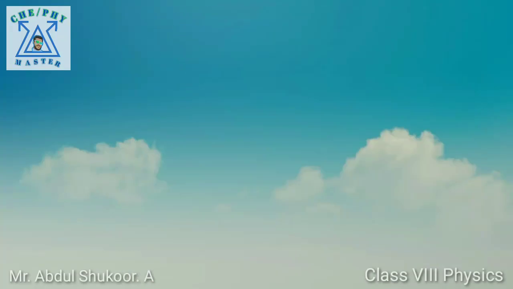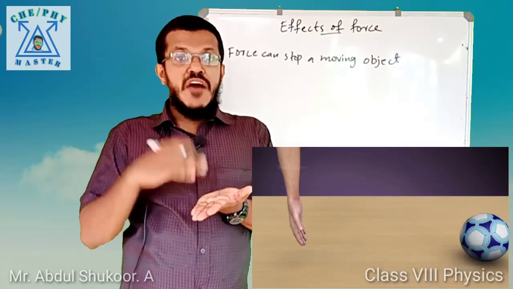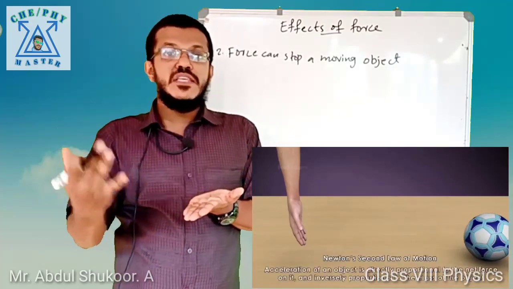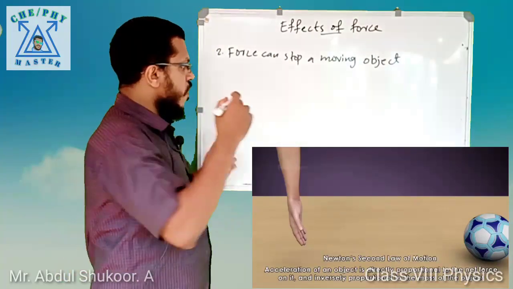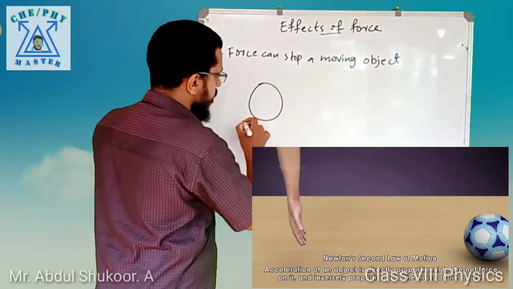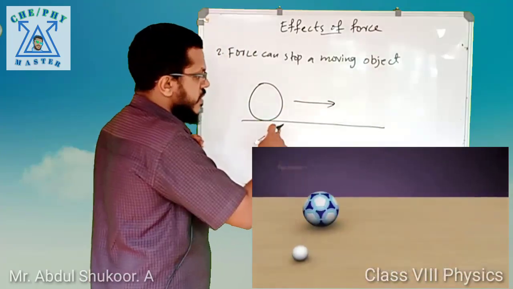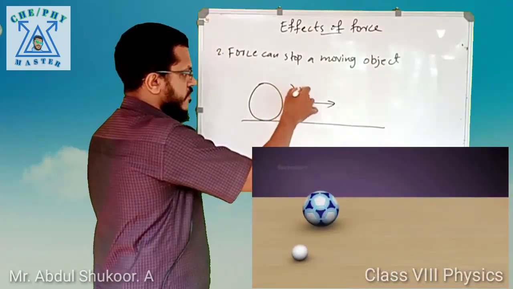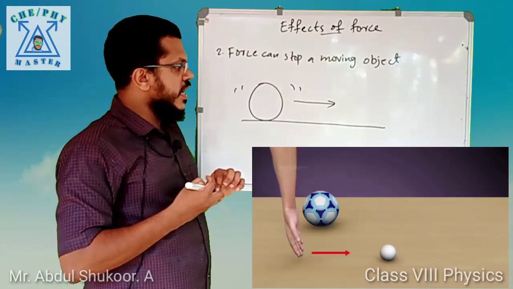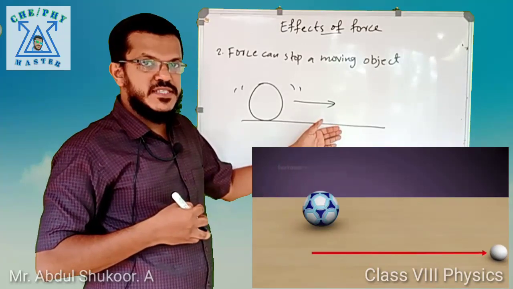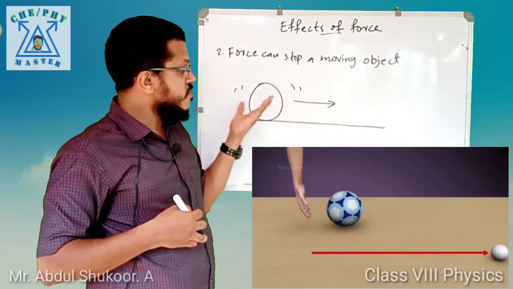Another case: if a ball is moving on a horizontal floor, after some time this ball comes to rest automatically. How? Here a force is experienced from the floor where the ball moves.